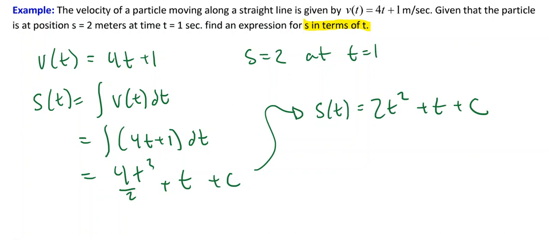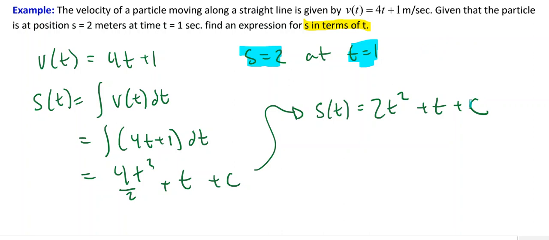You may be asking, why were we given this information? The reason is we don't want to leave the position function with an unknown constant. In application problems, you want to find a value for c. They're giving us basically an ordered pair: at t equals 1, s is equal to 2.